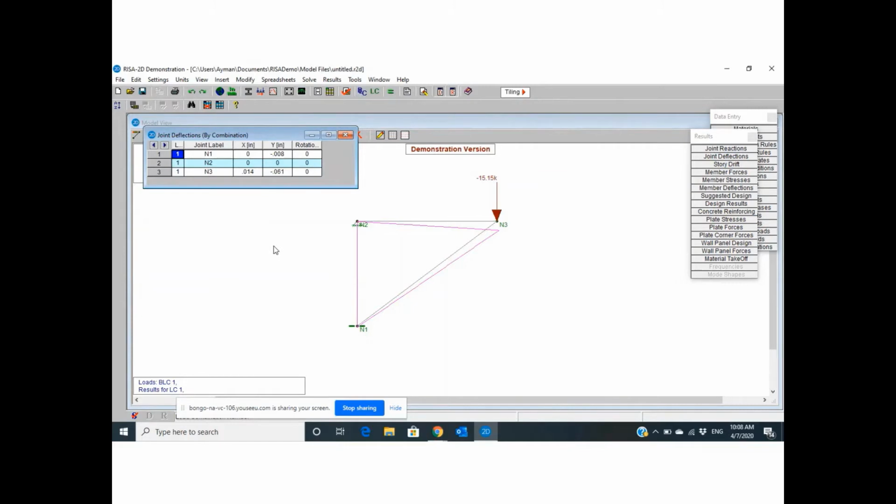We have values. For node number 1, this node moved down, negative means down, 0.008 inch. Node number 2 did not move. That makes sense because node number 2 is a hinge.